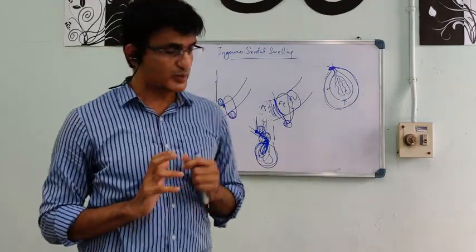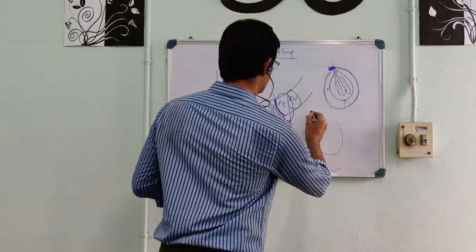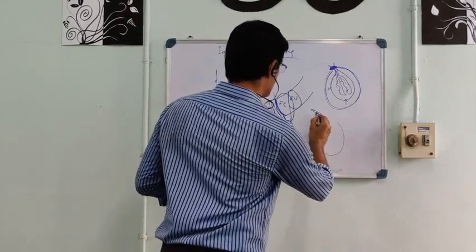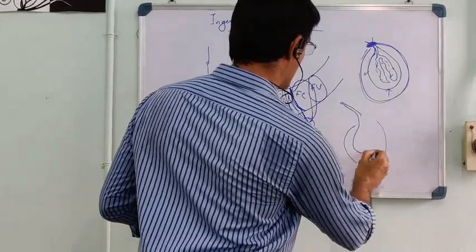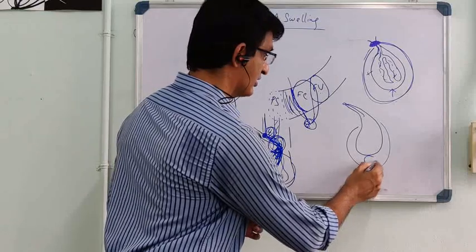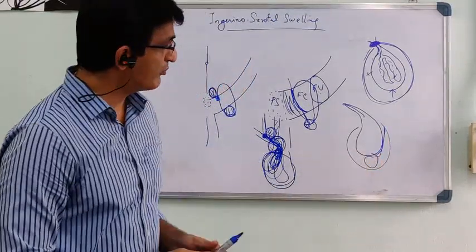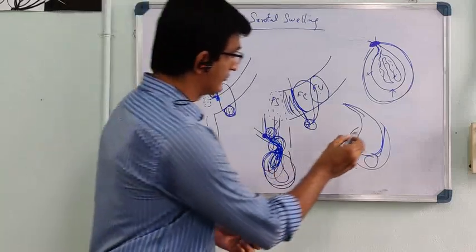The next important thing is, can you get above the swelling? Suppose the swelling is coming from here, like this. This is a hernia, an indirect inguinal hernia. The testis is here, and the cord structures are there. What do you mean by getting above the swelling?